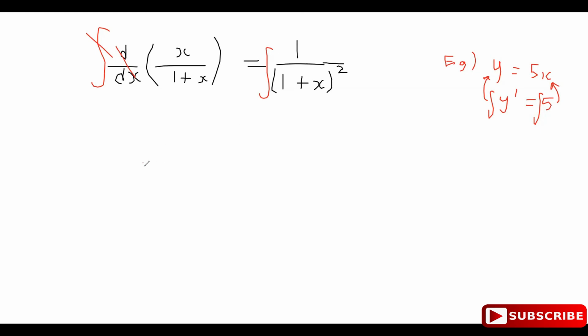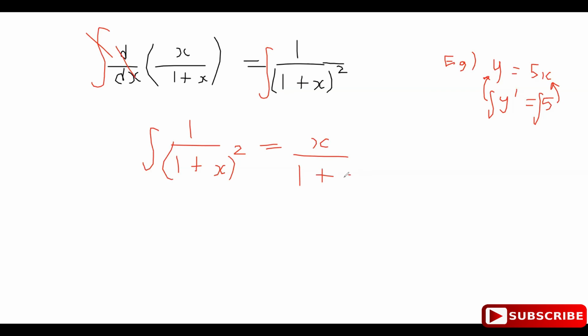And so what that means is that the integral of 1 over 1 plus x all squared is equal to x over 1 plus x. Good.